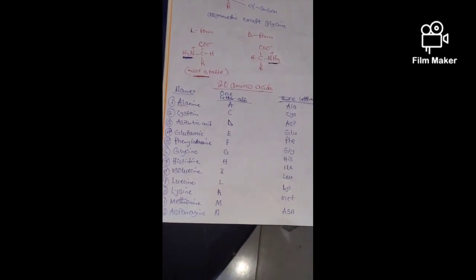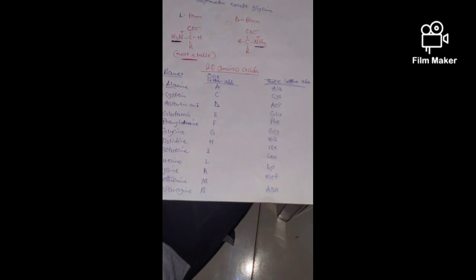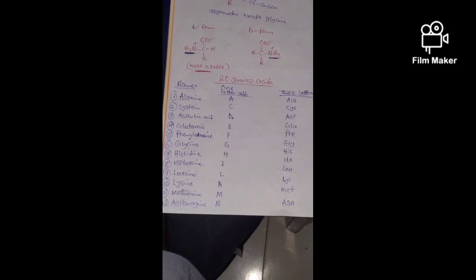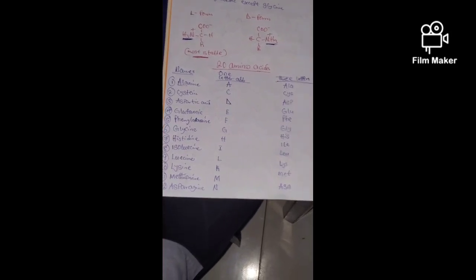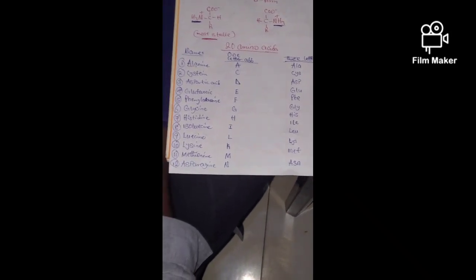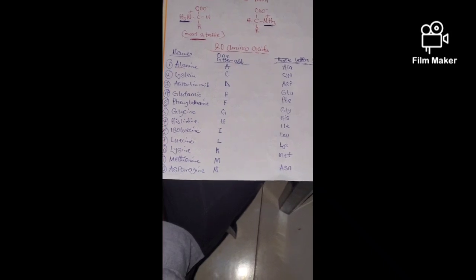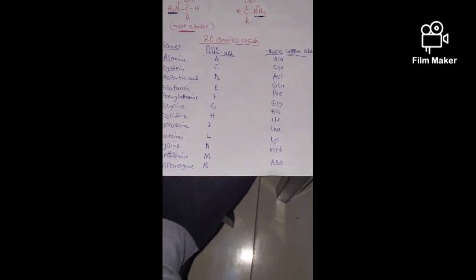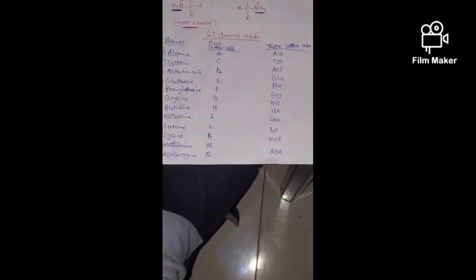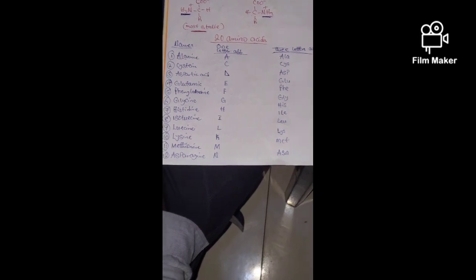Very quickly, I'm going to run over the 20 amino acids that are found in the genetic code, and then we look at their structures as well. I'll tell you the one-letter abbreviation and the three-letter abbreviation for each of them. All right.